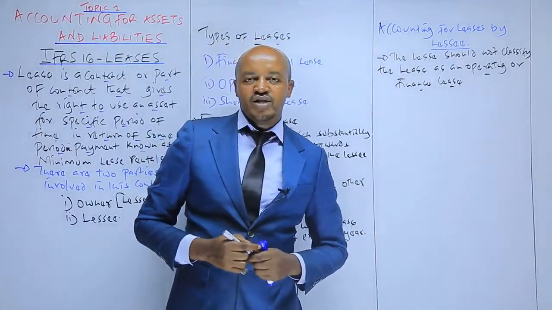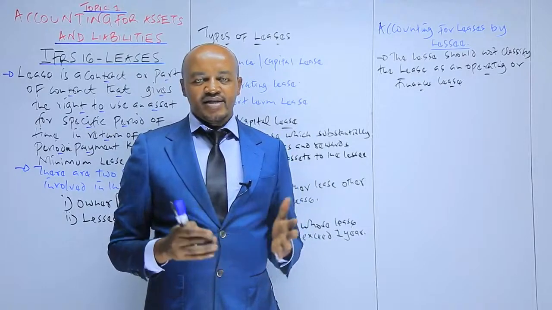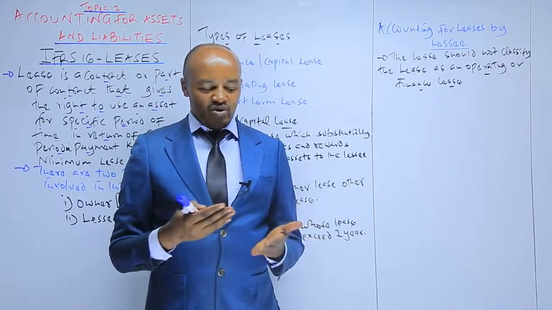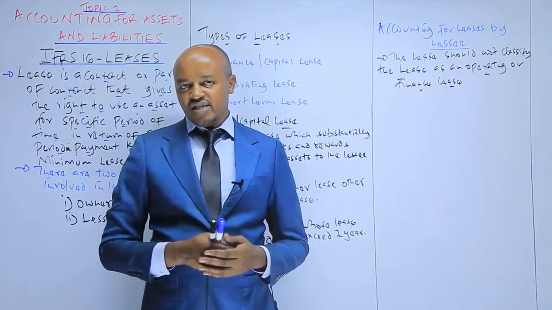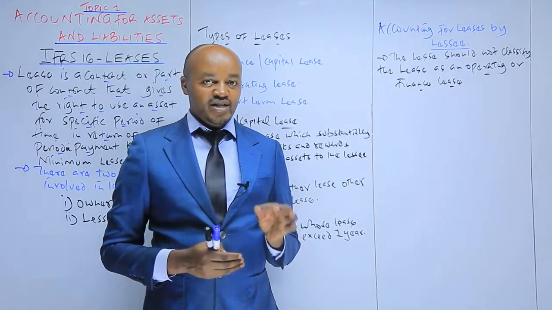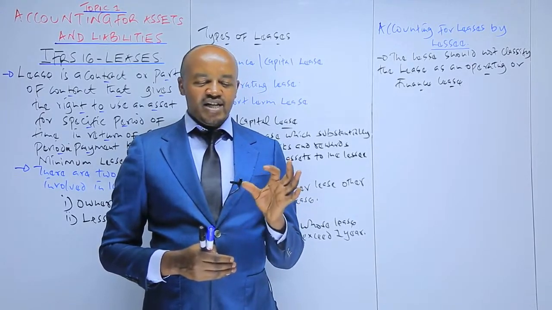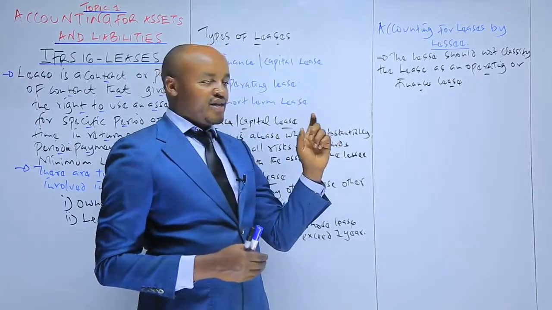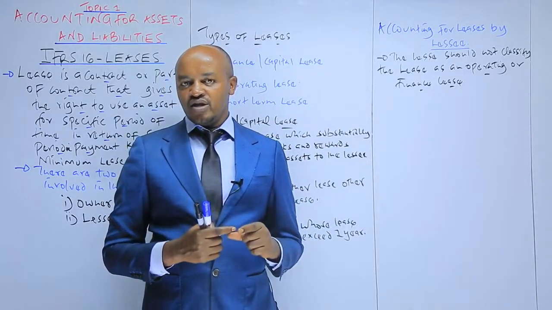It is also important to note at this point that IFRS 16 is a new standard which was issued to replace the old standard on leases. The old standard on leases was IAS 17, International Accounting Standard number 17, and that particular standard had given the lessee the option to classify the lease as an operating or finance lease.